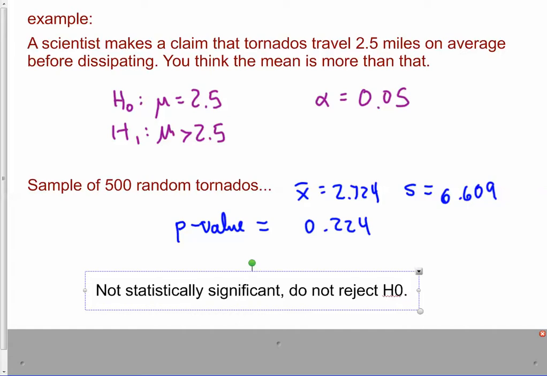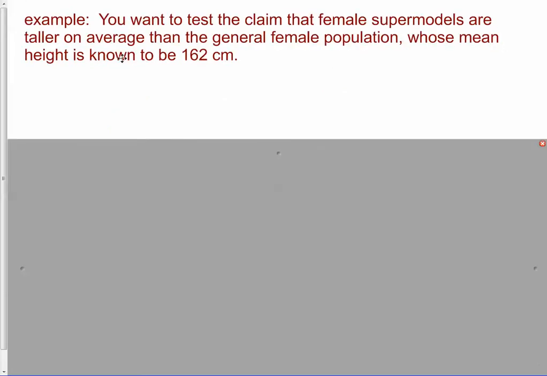Okay, let's do another one. You want to test the claim that female supermodels are taller on average than the general female population, whose mean, let's assume we know, is 162 centimeters.